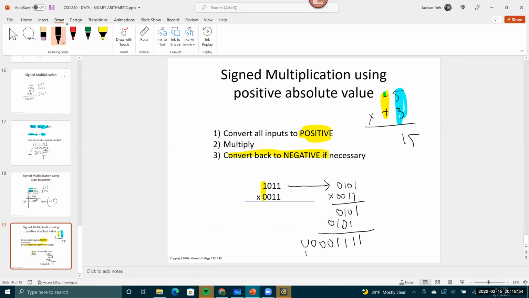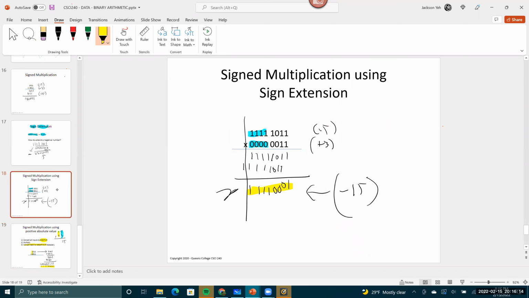So this becomes 1, 1, 1, 1, 0, 0, 0, 0. And I add 1 to it, this becomes 1. And if we look at this answer, 111001, same answer.